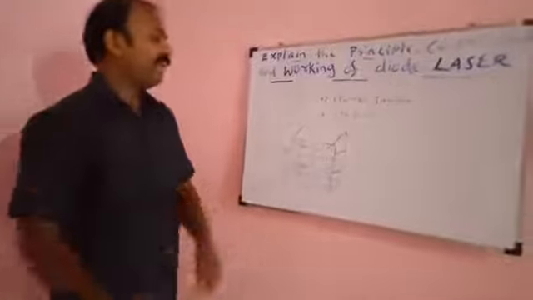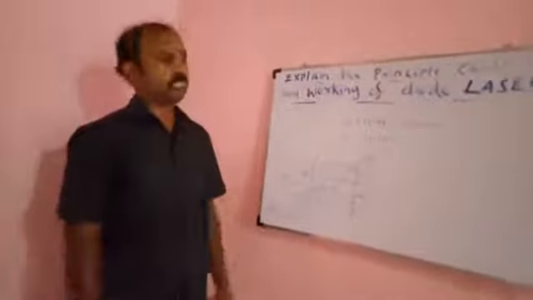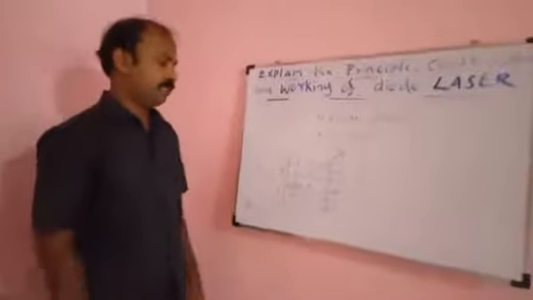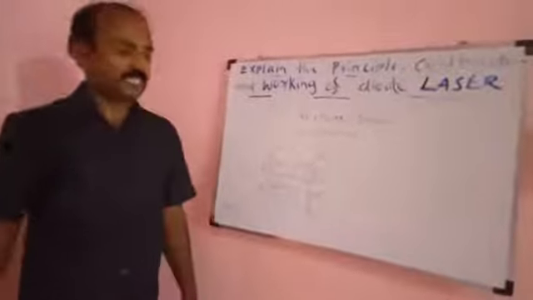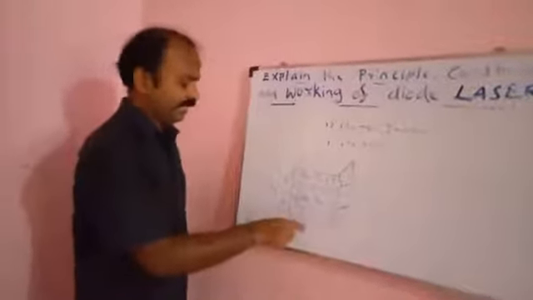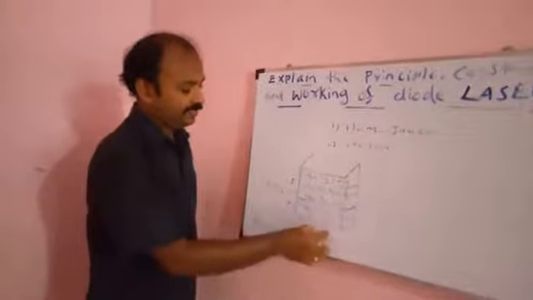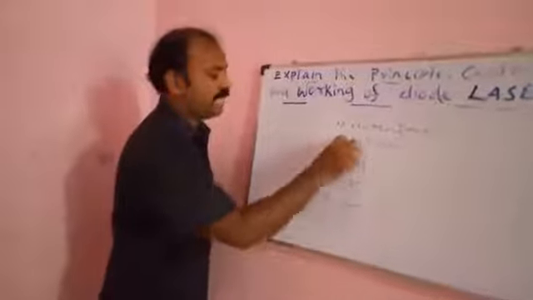Then we move to the working procedure of this heterojunction diode laser. When a suitable forward bias is provided externally with the help of the metal contact, the lower end is named as cathode, this is anode.